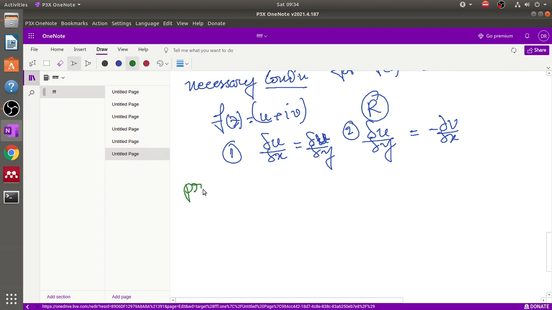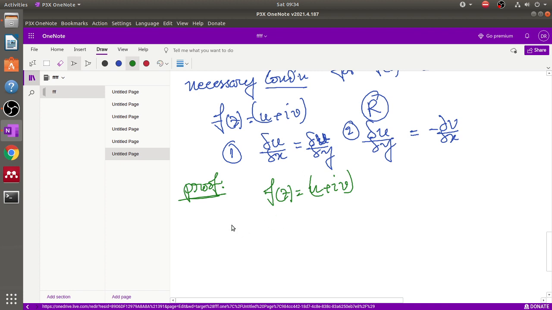So how to prove this? Consider f(z) is an analytic function in region R. As you know, f(z) equals u plus iv, where u and v are functions of x and y. Let del u and del v be the increments of u and v respectively, corresponding to increments del x and del y of x and y.